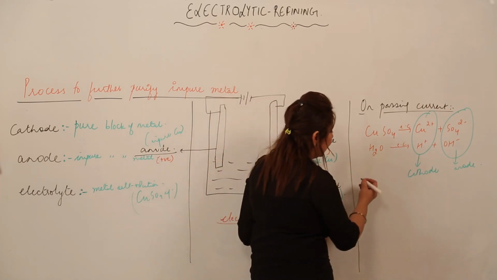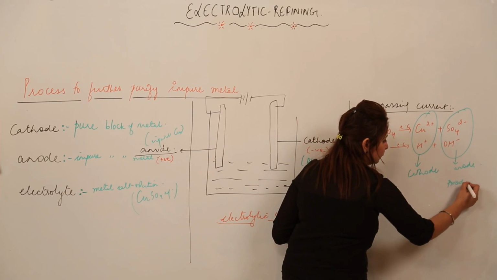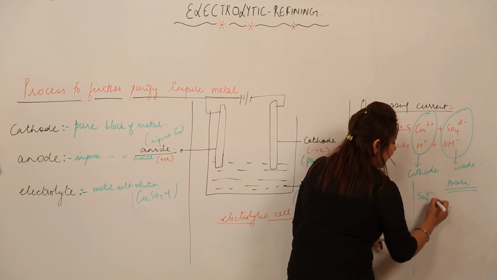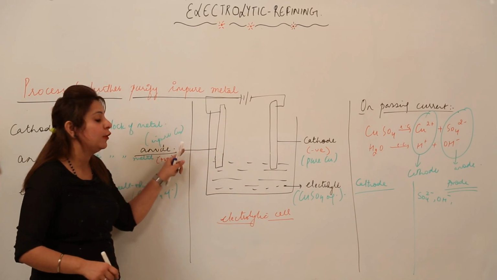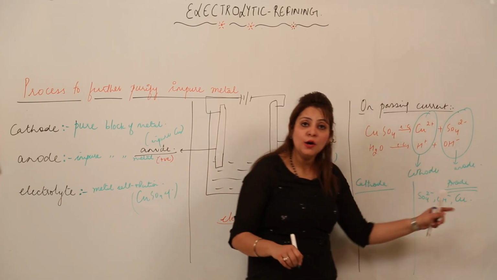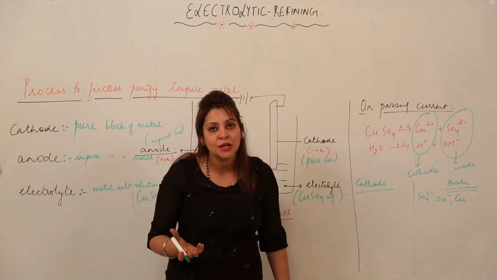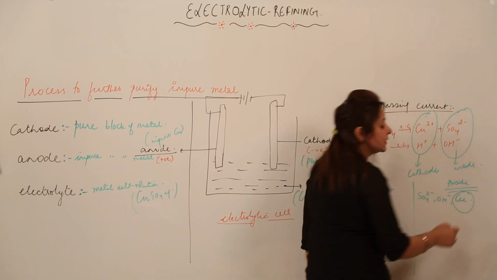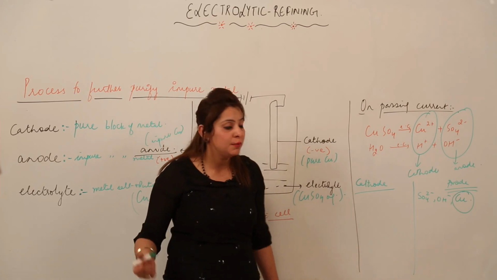What kind of reaction do we see at the cathode and at the anode? At the anode, sulfate ions and hydroxide ions migrate, and don't forget the anode is made of impure copper, so it too has copper atoms. Out of these three, the one with the lowest discharge potential gets discharged, and copper has the lowest discharge potential, so copper undergoes a chemical change.